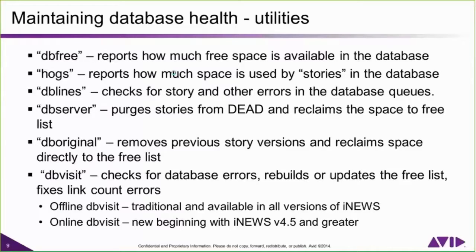So when stories go to the dead queue, either they're deleted by users or they're purged from a queue to dead. They stay in dead until the system needs to reclaim space automatically, and then it removes them from dead and adds the space used by those stories back to the free list. But you can also run DB server manually if you want to clean out data from the dead queue.